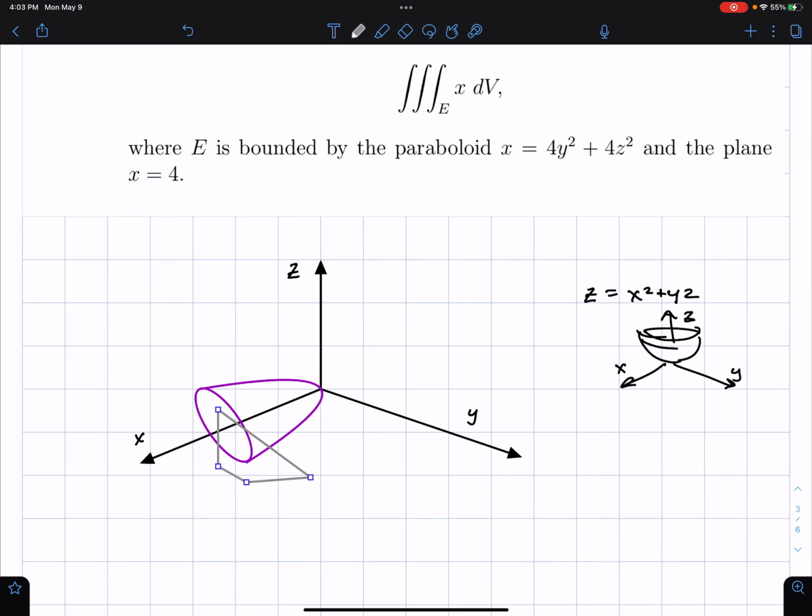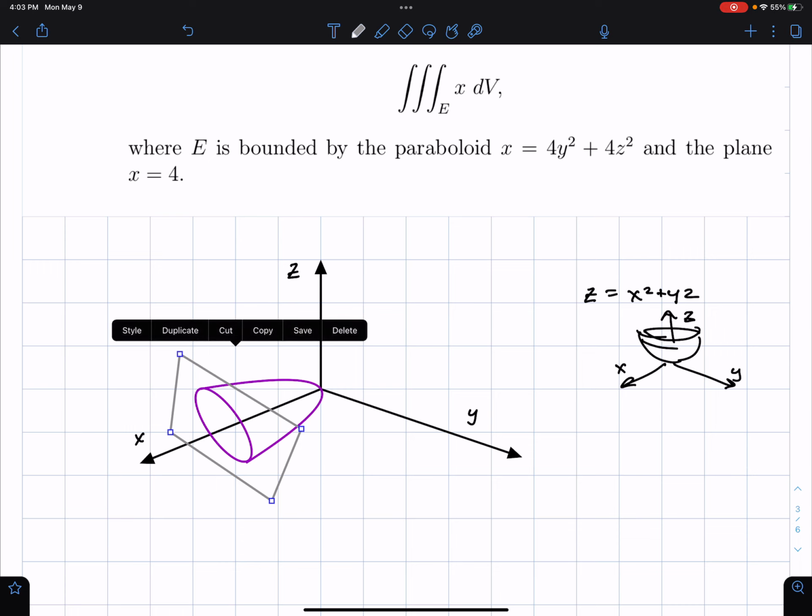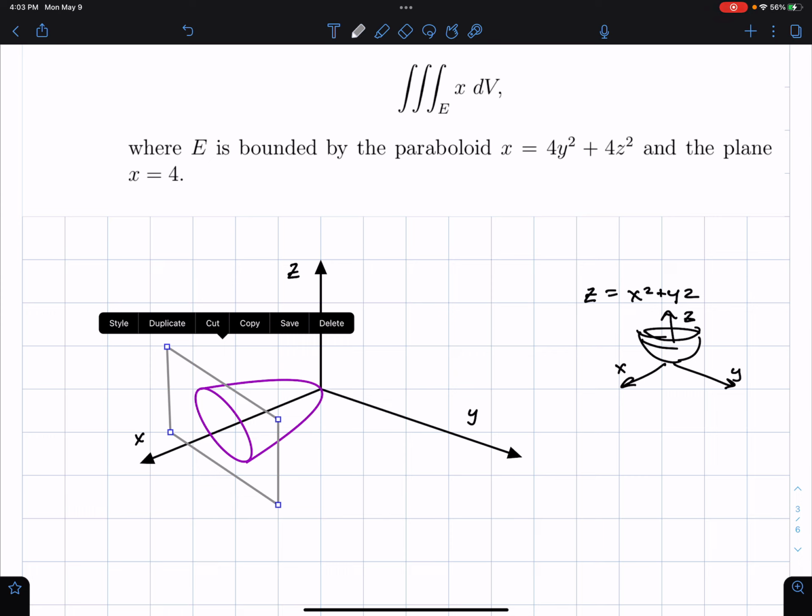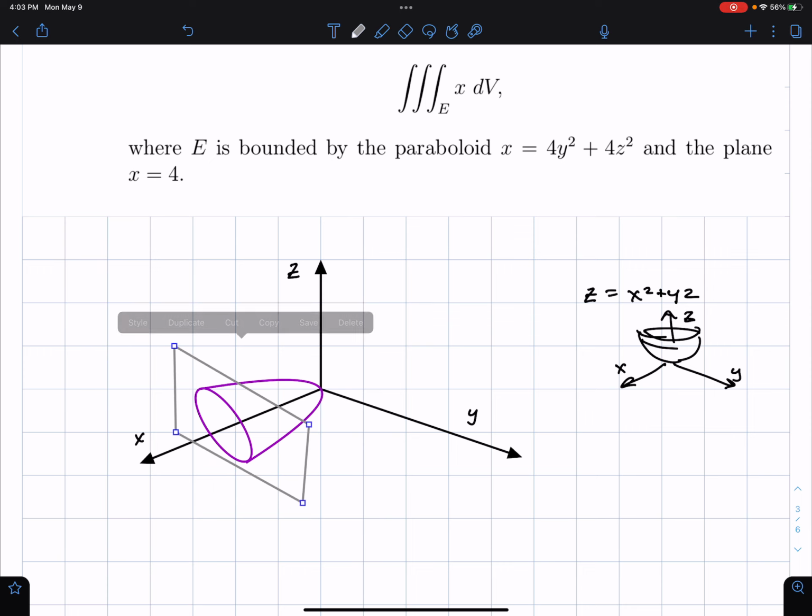So we have this plane here, x equals 4, a plane such that all the points on the plane have the x coordinate of 4.